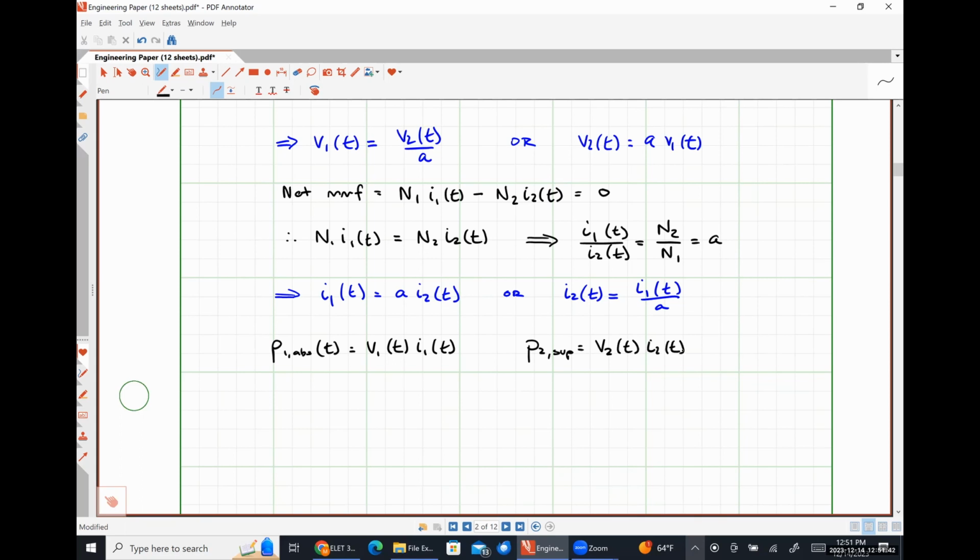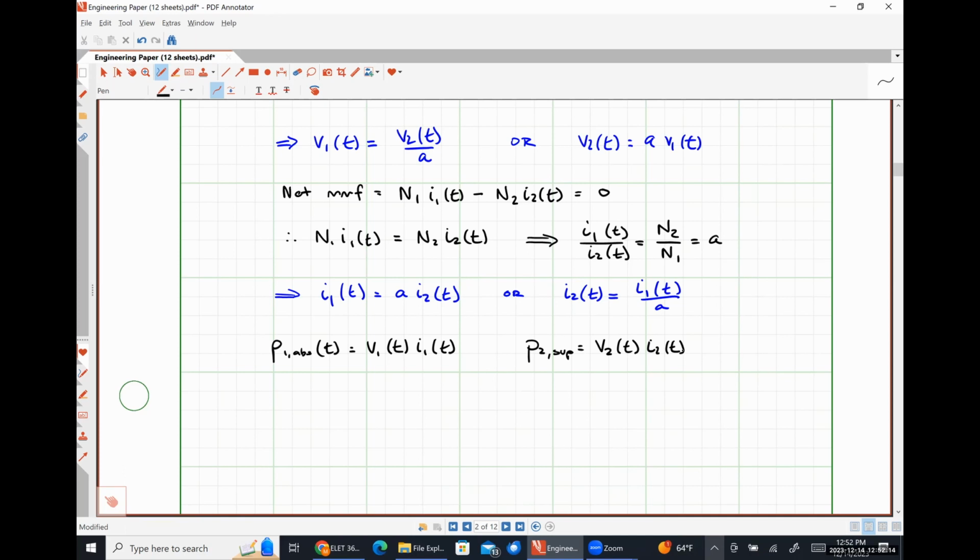What's the relationship between these two powers? They're equal. So if we have an ideal transformer, the power that we absorb at the input has to be the power that's supplied at the output, and vice versa, because we've explicitly got a circuit where there are no losses, right?